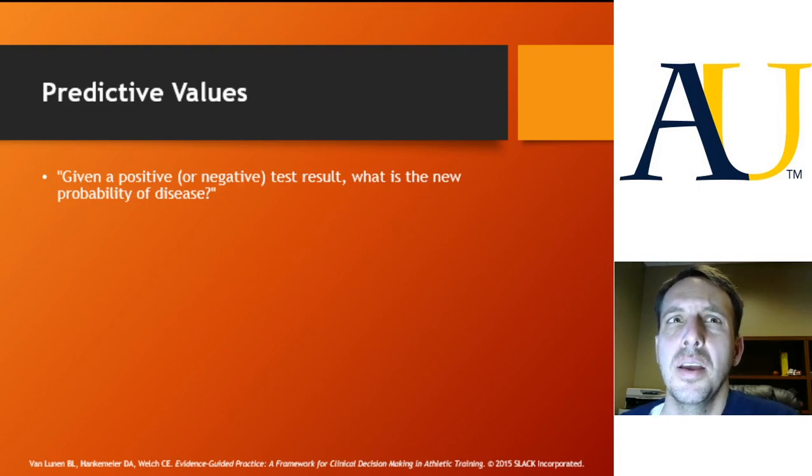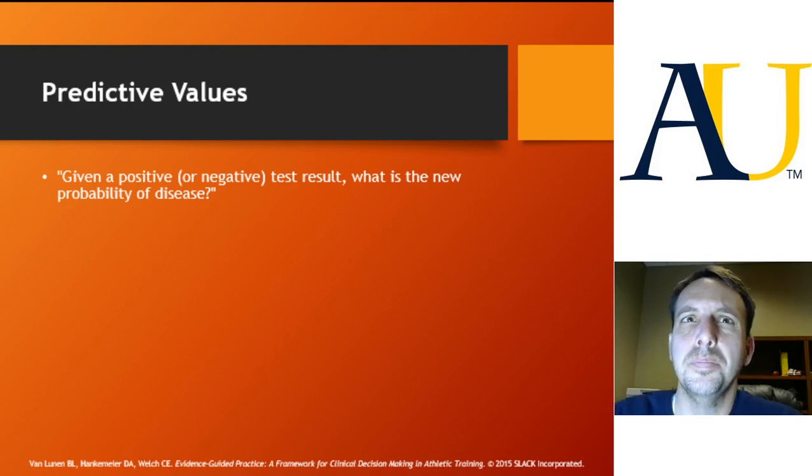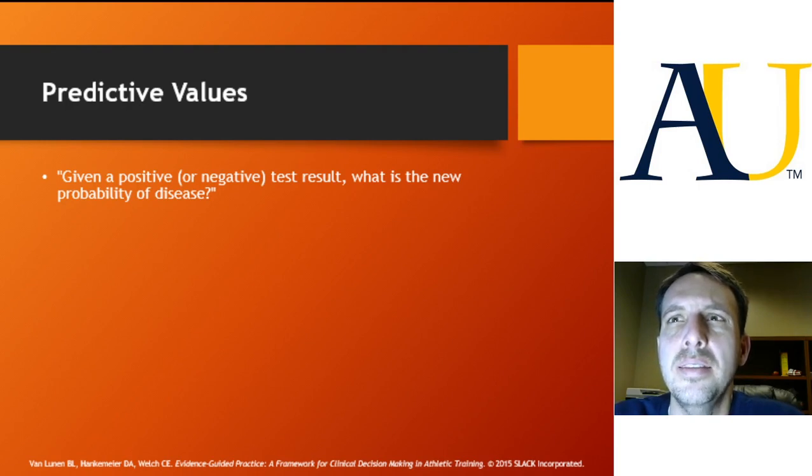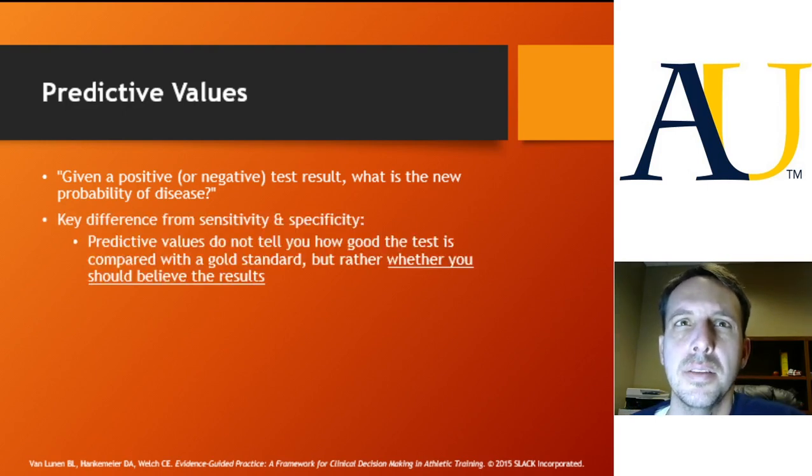But predictive values now give a positive test result, and what does that mean versus the probability of the disease? What we're looking at with these predictive values, as opposed to sensitivity and specificity, is the accuracy of the test itself, as far as how well it differentiates between a positive test and a negative test. Basically meaning now, if we have a positive test, how confident can we be in that compared to a negative test?